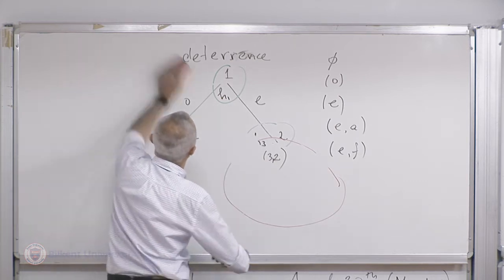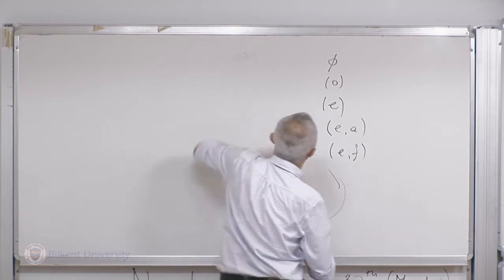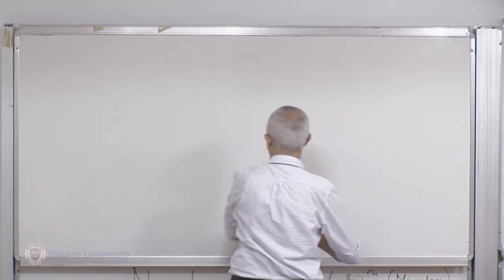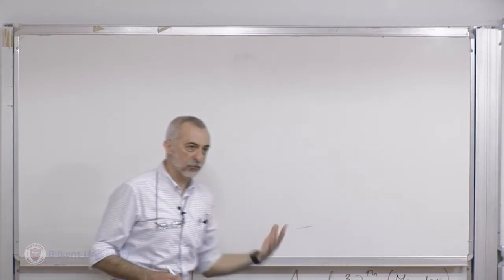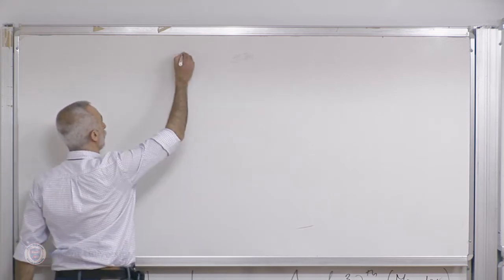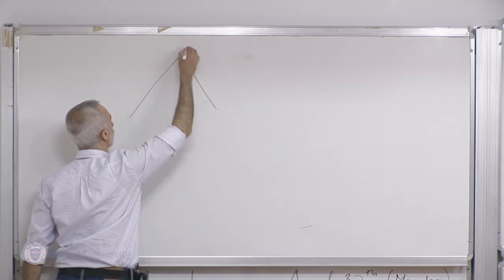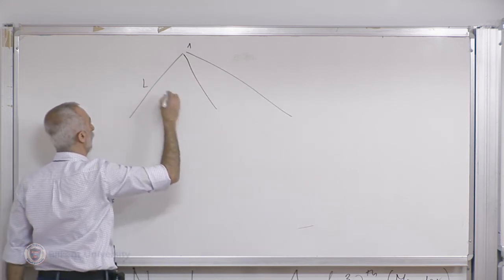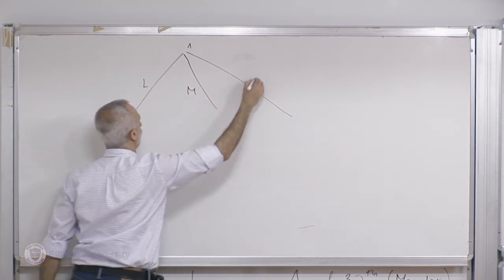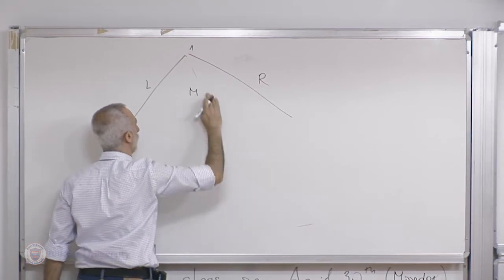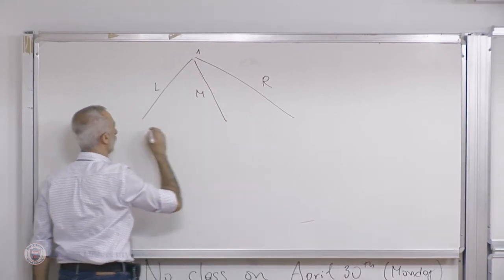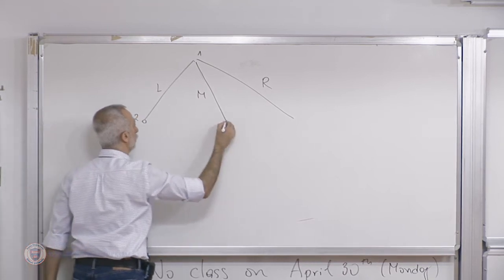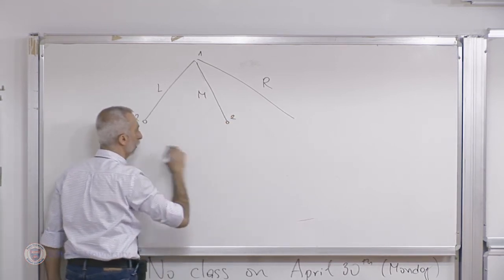Let's do another example. We'll look into Stackelberg, but let's start with some finite games. Let me take it: left, middle, right, and then player 2 takes an action.